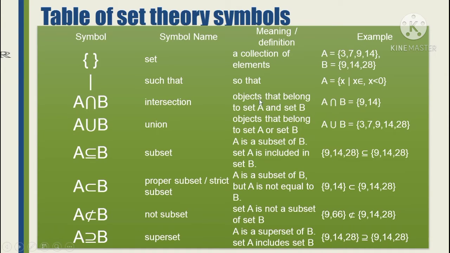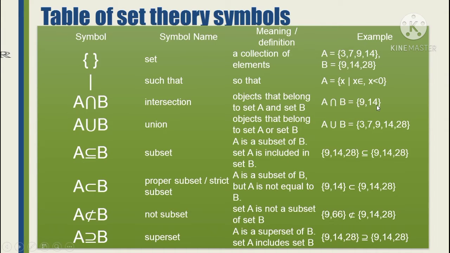Intindihan? And this one, this symbol is intersection. So we could say objects that belong to set A and set B. Okay, ulit. Object that belongs to set A and set B. So, yung object daw na nakabilong kay set A and set B. So, we could read this as A intersection B is equal to 9 and 14.